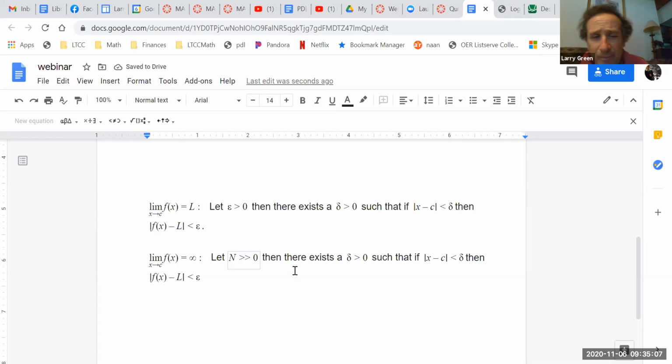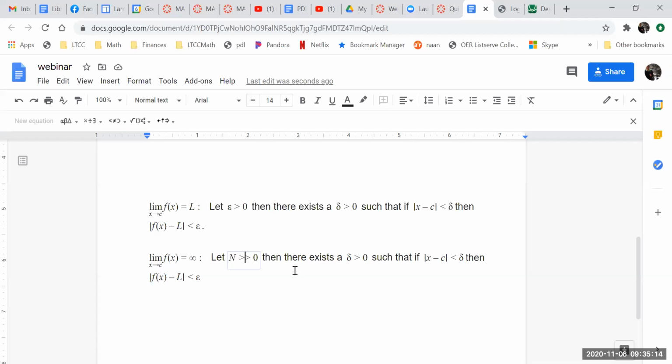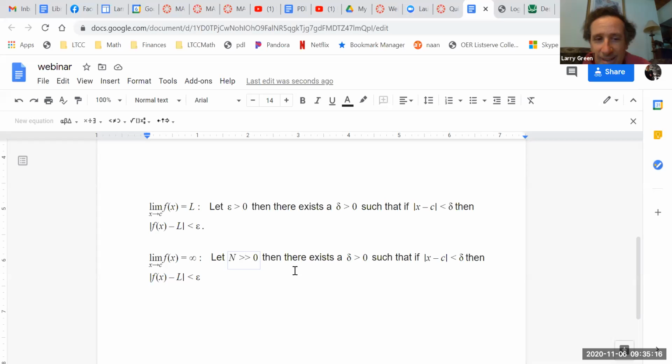Have you seen that before? Okay, what that means is much greater than 0. It's nice notation because when you see it and hear it, it makes sense. And that's standard, by the way. This isn't me getting weird.